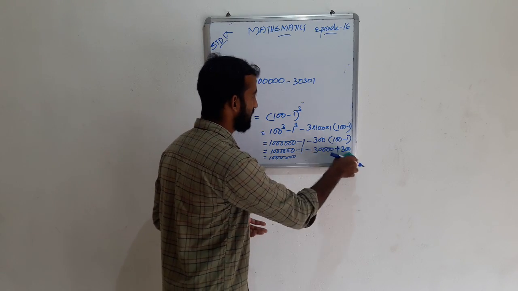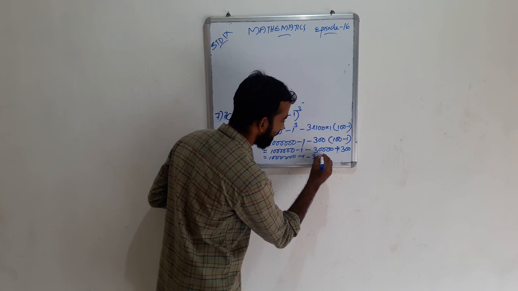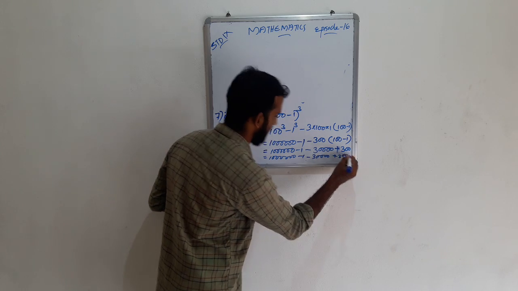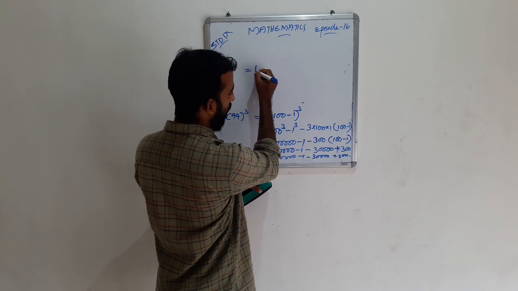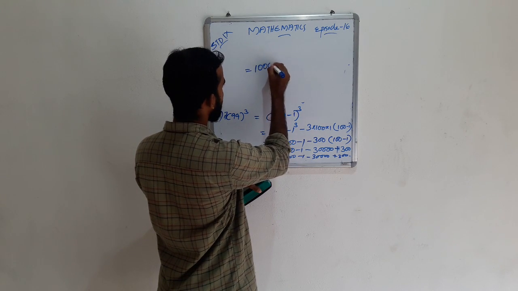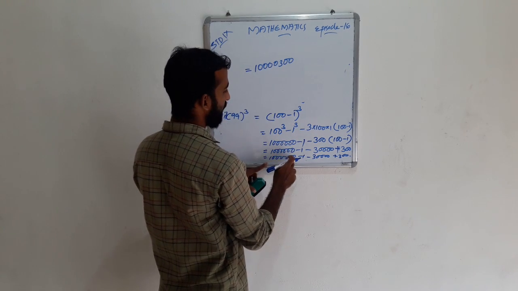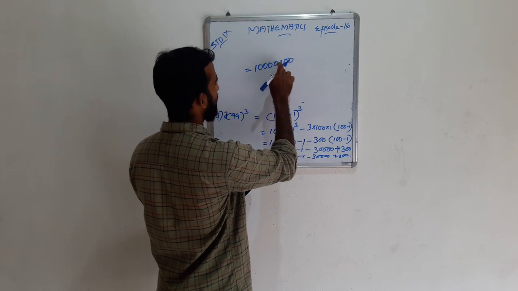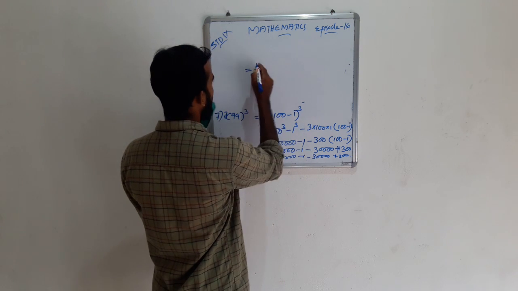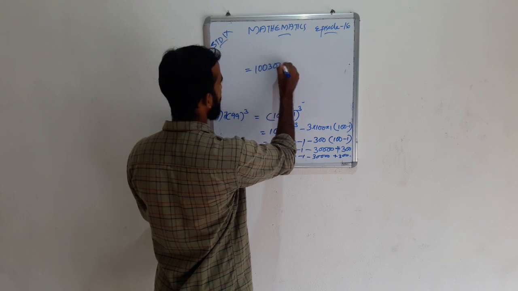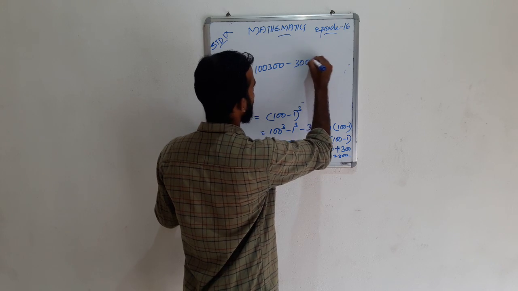So in the next step we get negative 1 plus 300. We can write 1,000,000 and 300, minus 30,000 and 1.